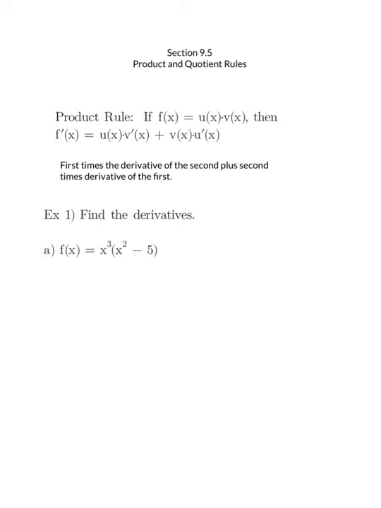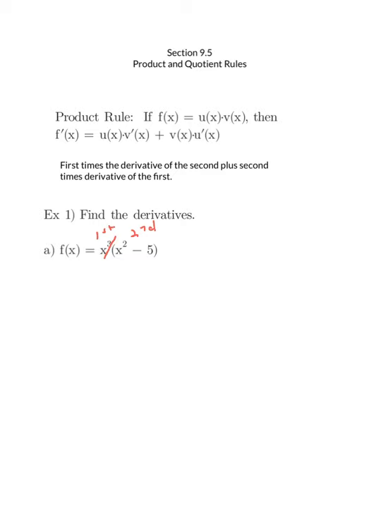Our multiplication in this example is happening between the x to the third and the parentheses that surround the x squared minus 5. So x to the third is the first and the x squared minus 5 is the second.